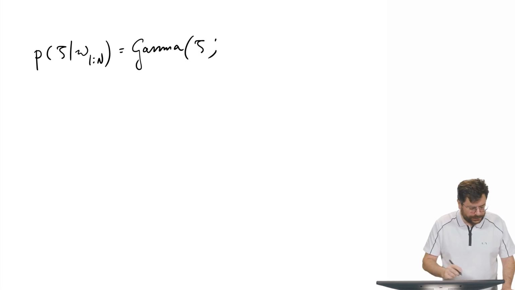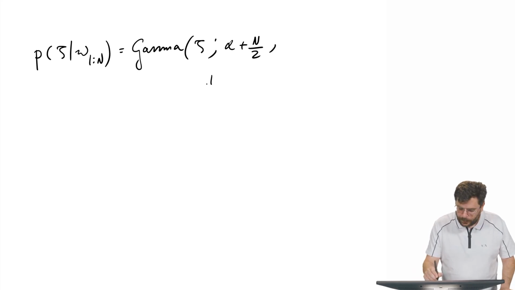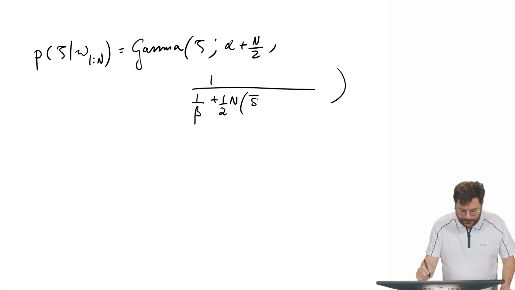The random variable is tau, with shape alpha plus n over 2, and the other term is 1 over beta plus one half n s bar, which I'll have to define in a second, plus psi naught over psi naught plus n, times w bar minus xi, close bracket.